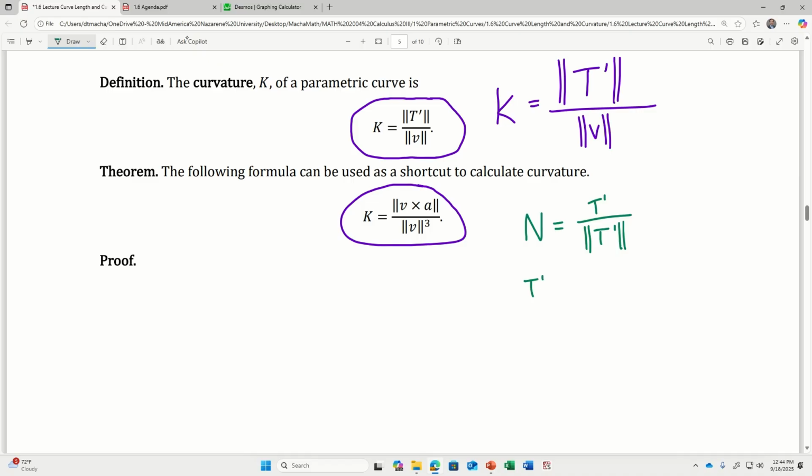And so when I see that capital T prime in the numerator, that's the same thing as the norm of T prime times N. No, I messed that up. It should be like this.